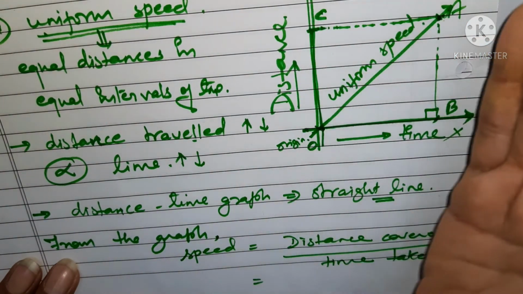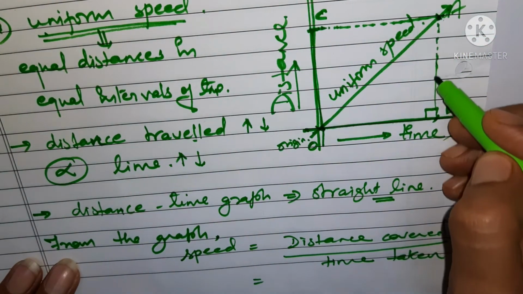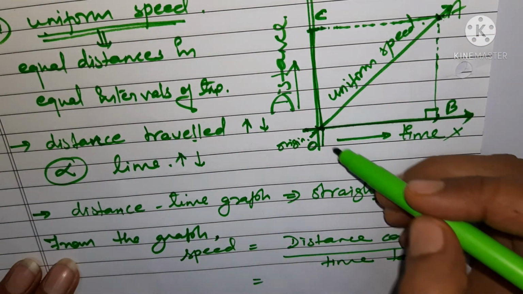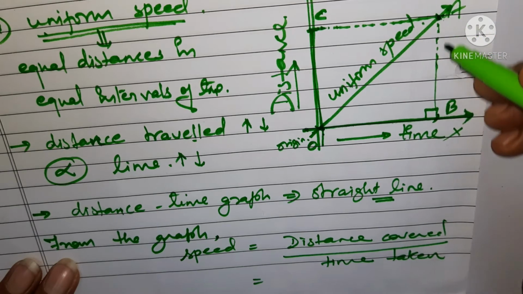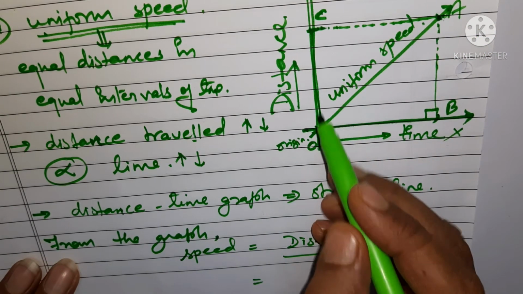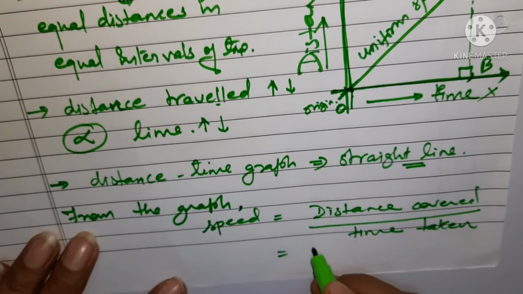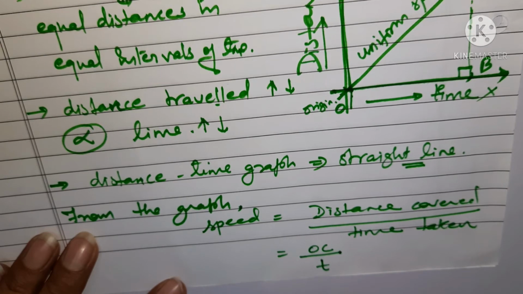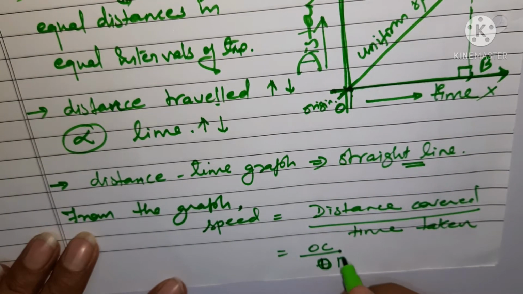Now since a perpendicular is dropped here, OC is parallel to AB. So let me write first OC, and time taken is what? Time is T. Here time is from here to here, T, that is OB.